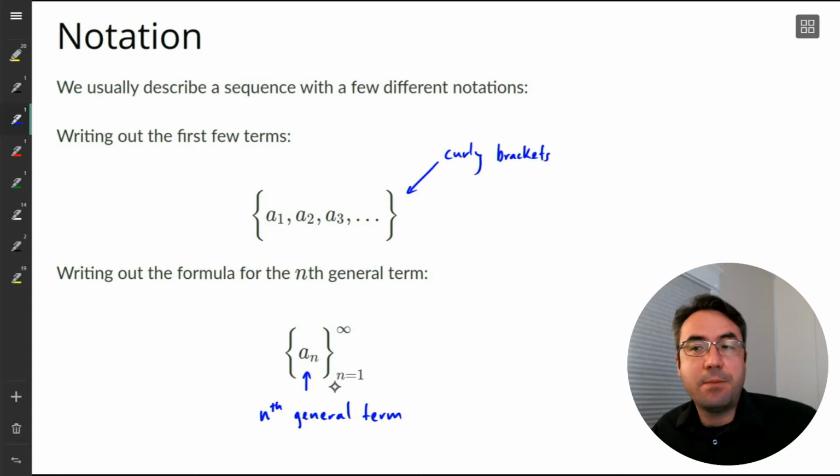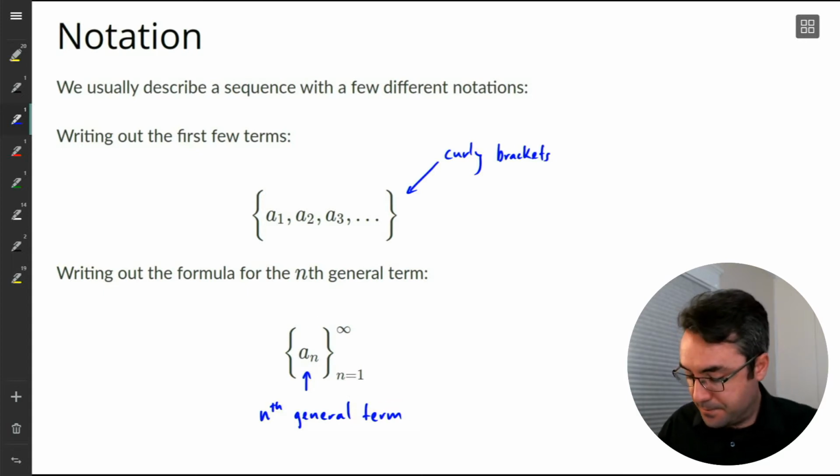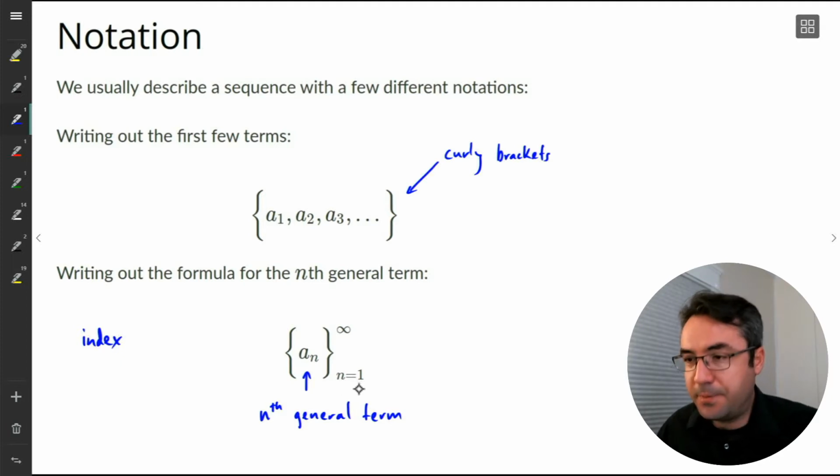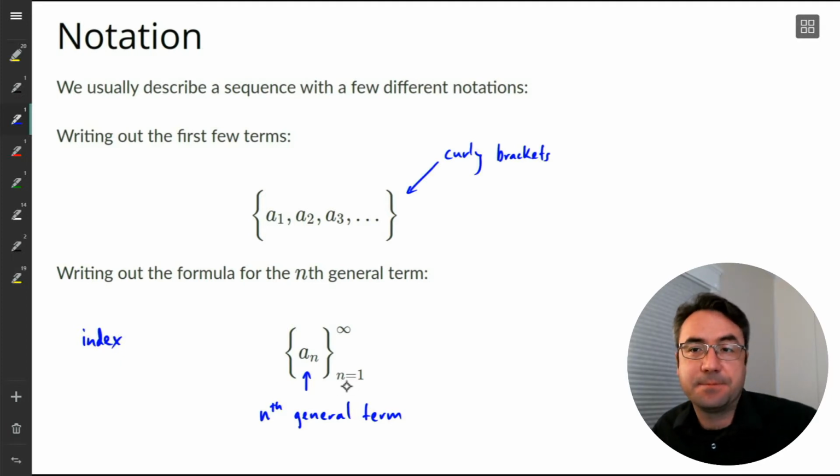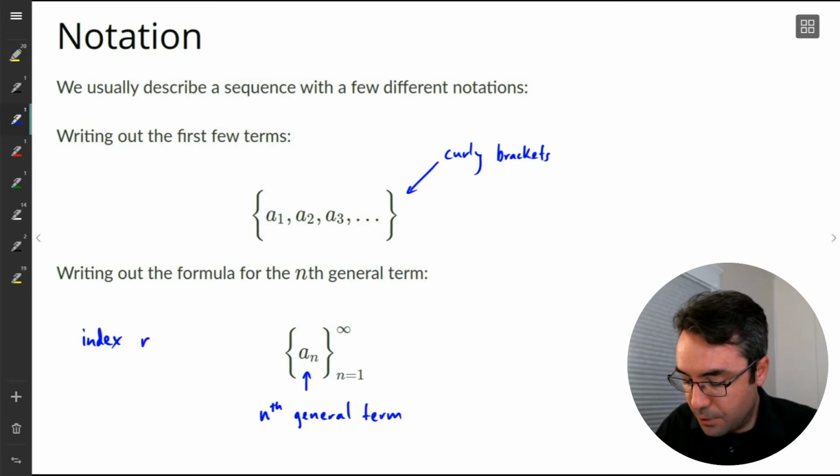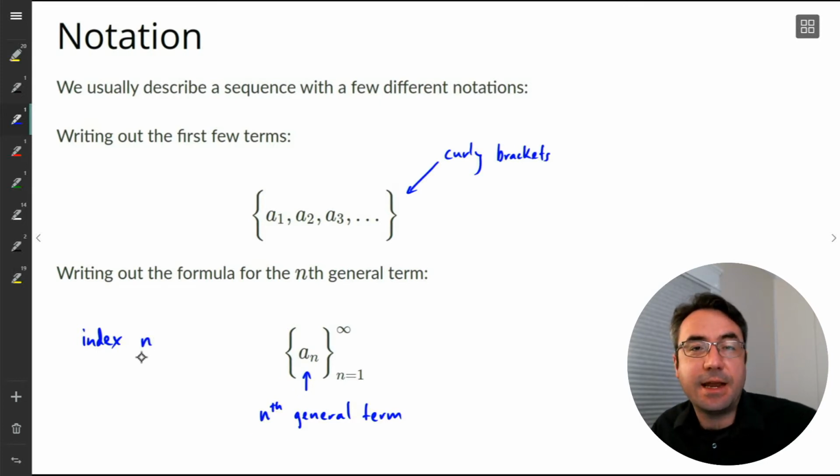Now we have a little bit more here. We have a little bit of a description for what n is. A lot of times n really is an index. So we normally use n to indicate our index.